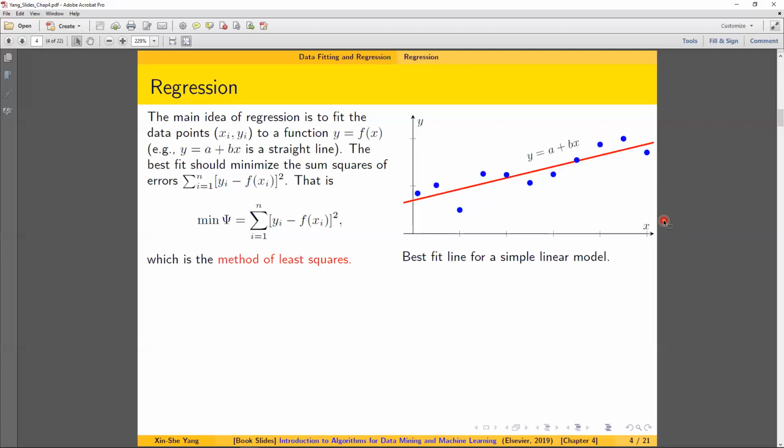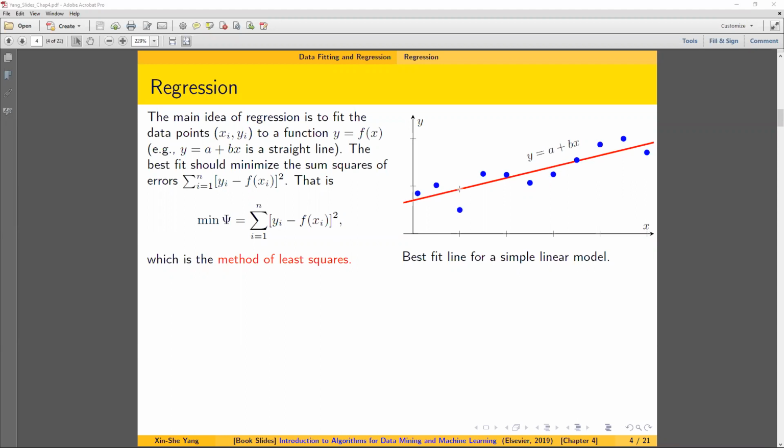The question is, how can we find the best fit? What we're really trying to do is find the best fit that minimizes the sum of squares of errors, which is the corresponding yi minus the predicted value from this line, f(xi). So essentially, for each observation, we would have a corresponding predicted value for y, right?